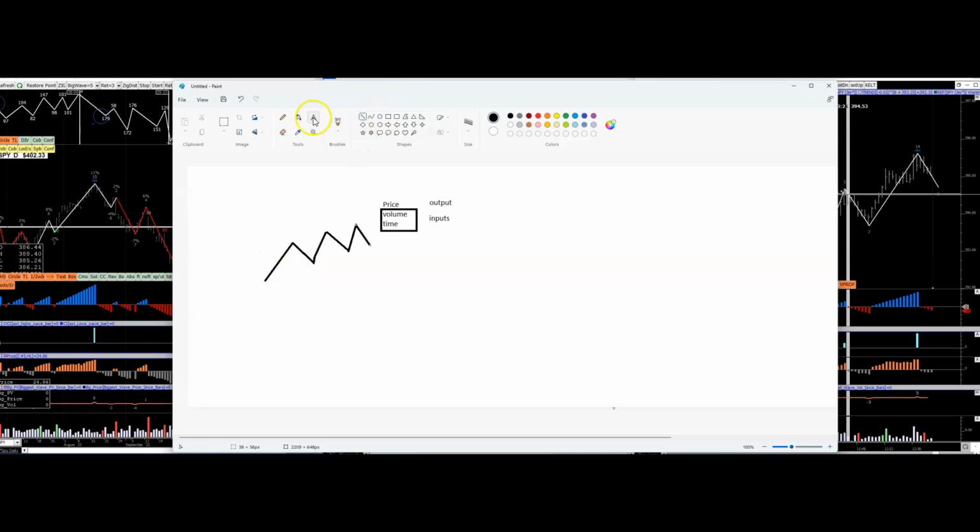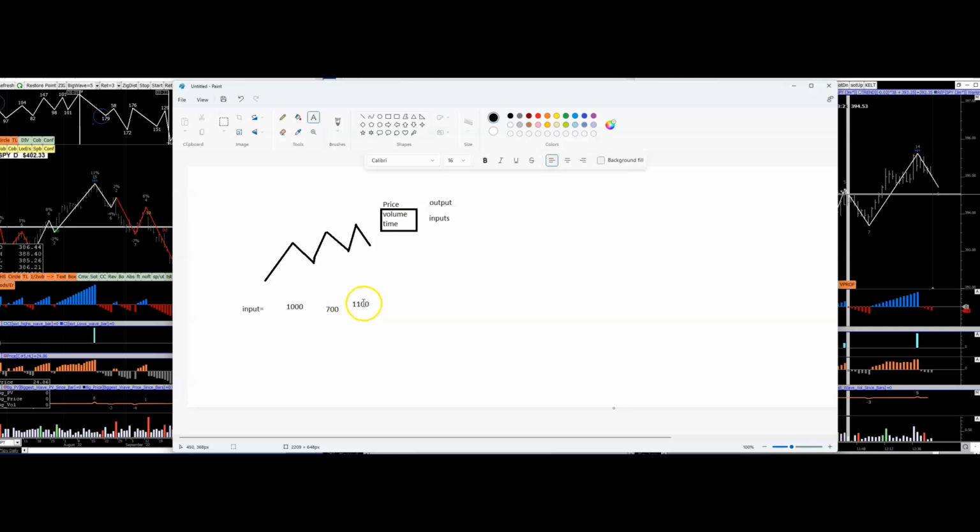So let's say we have 1,000 contracts here. Let's say we have 700 here for this wave. And then let's say we have 1,100 for that third wave. So the input is 1,000, then 700, then 1,100 contracts.